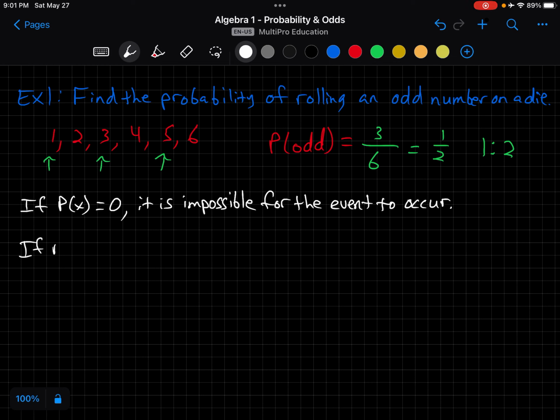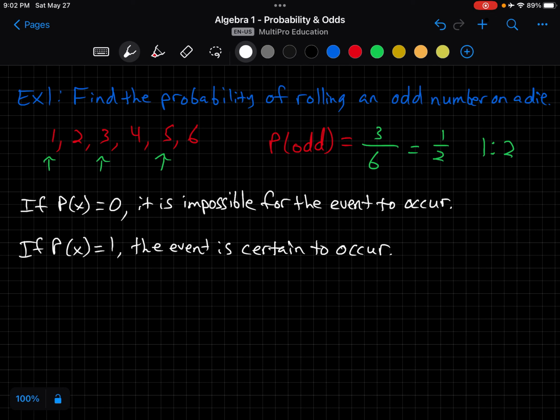Let's look at another one. If the probability of x equals 1, the event is certain to occur. This is the opposite extreme. If the probability is 1, then it is going to happen. You have a 100% chance of this happening. There's nothing else that can happen. This event has to occur.